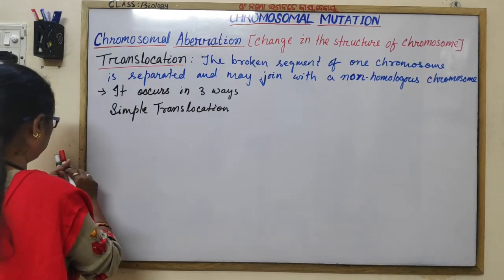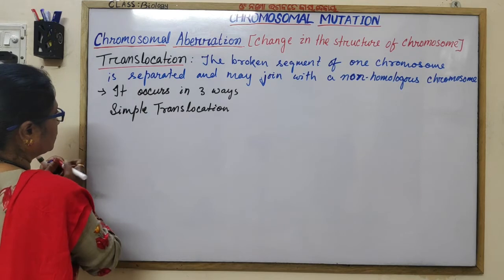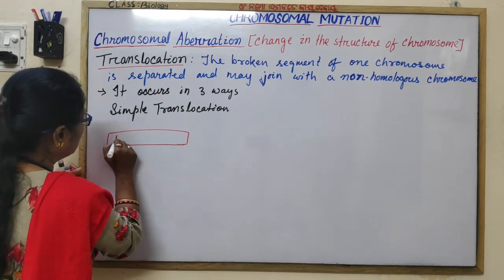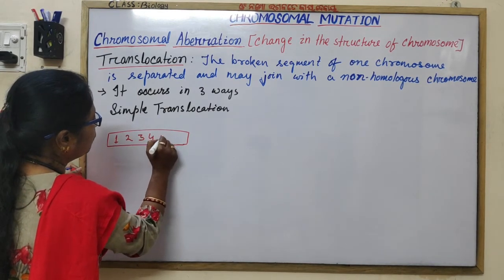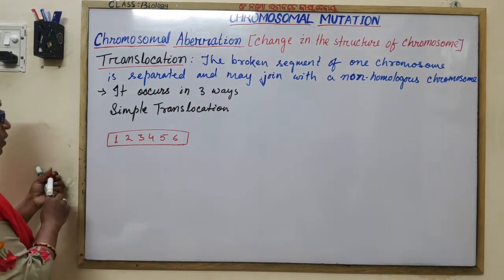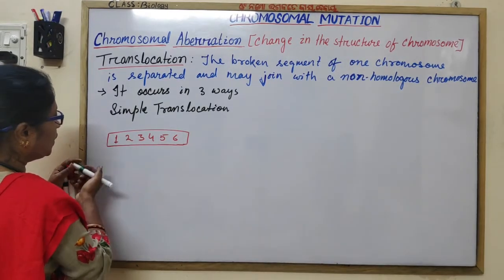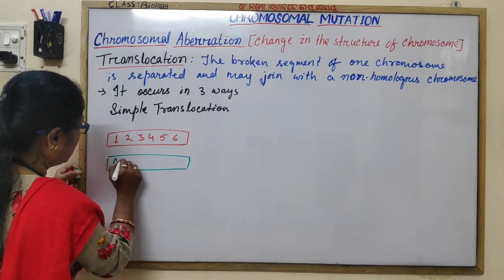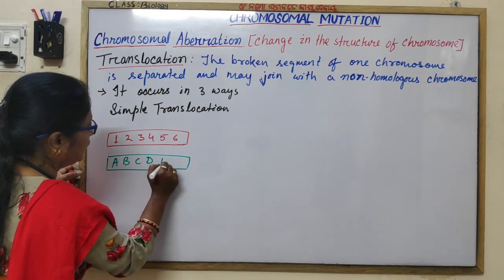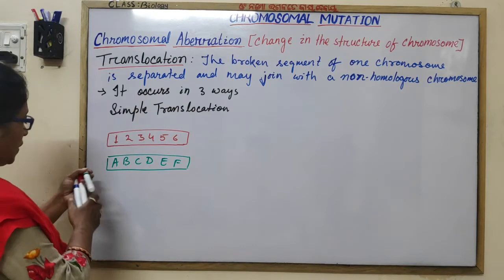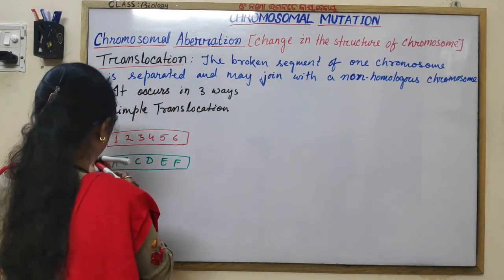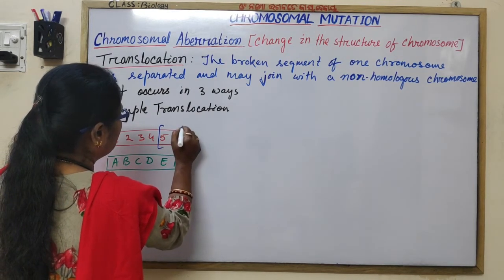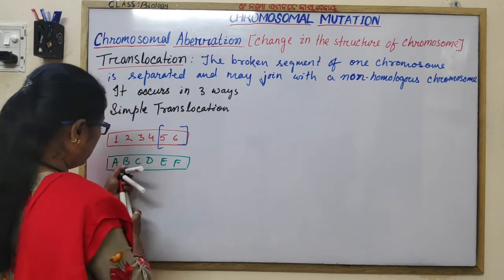See what happens. Suppose 1, 2, 3, 4, 5, 6. This is one chromosome, and another is A, B, C, D, E, F. Then when one part is broken, this is the simple one.